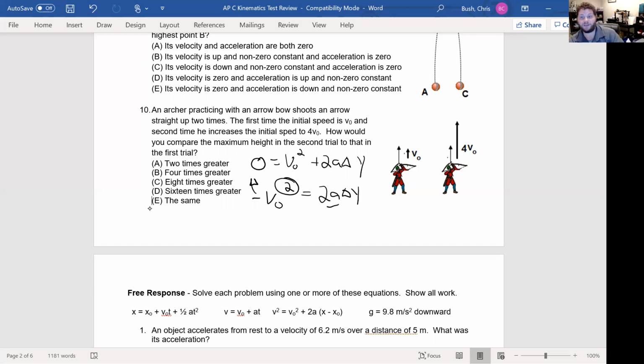So the right side must also be 16 times bigger. I can't change the 2. I can't change the acceleration due to gravity. So the height needs to be 16 times bigger. Basically what I'm saying is if I throw a ball up at 10 meters per second, and I throw a ball up at 40 meters per second, the ball that I throw up at 40 meters per second should go 16 times higher than the ball thrown at 10.